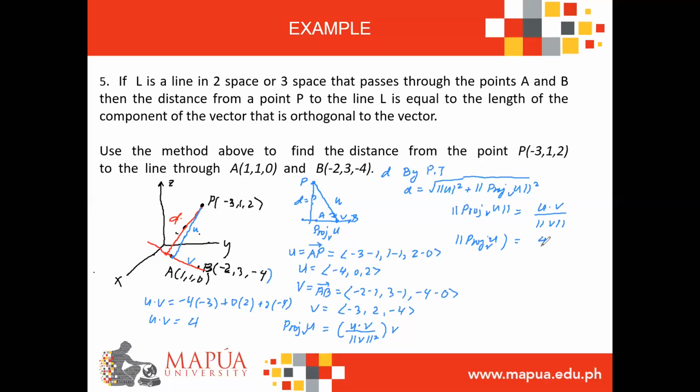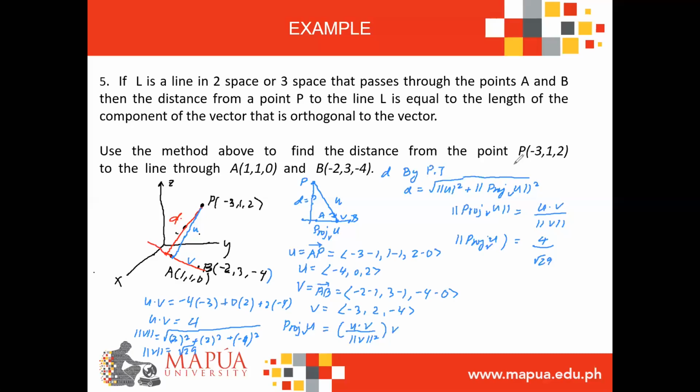So that is now 4 over the magnitude of V, that is the square root of the quantity 3 squared plus 2 squared plus negative 4 squared. By the way, this should be negative 3. So the magnitude of V equals 9 plus 4 plus 16, the square root of 29.